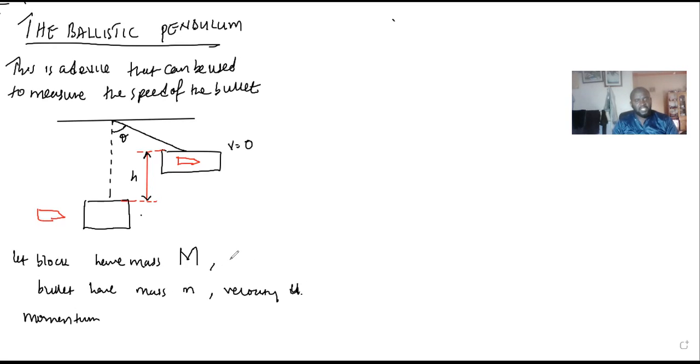Then the block was initially at rest. So this has an initial velocity 0. This has an initial velocity u.